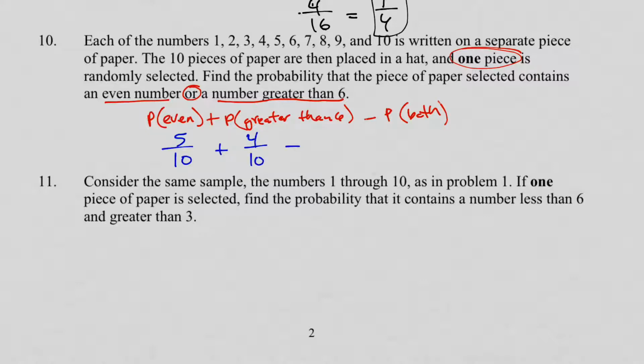Now, how many match both at the same time? How many are even and greater than 6? So 8 and 10, that's 2, right? So 9 minus 2 is 7. Okay.